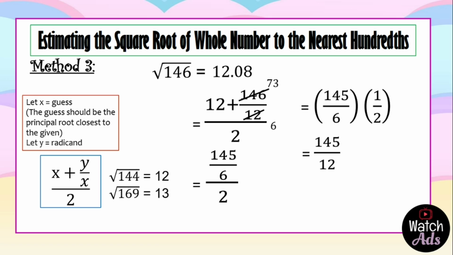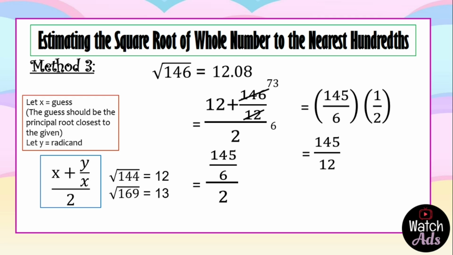Now, if you want to make sure if 12 and 800 is the correct answer, you can still undergo another step, which is our second step. So in our second step, our x will be 12 and 800, but it will take us quite some time to do this.